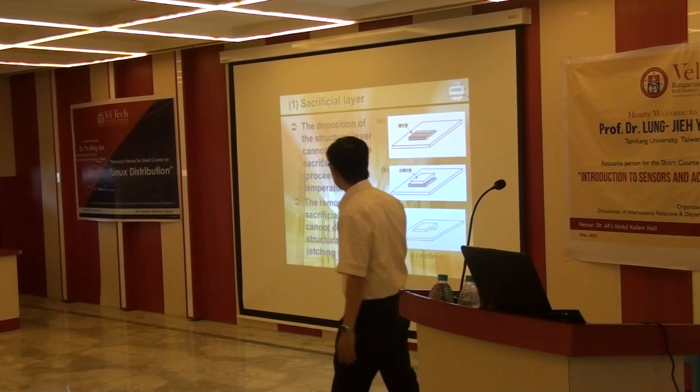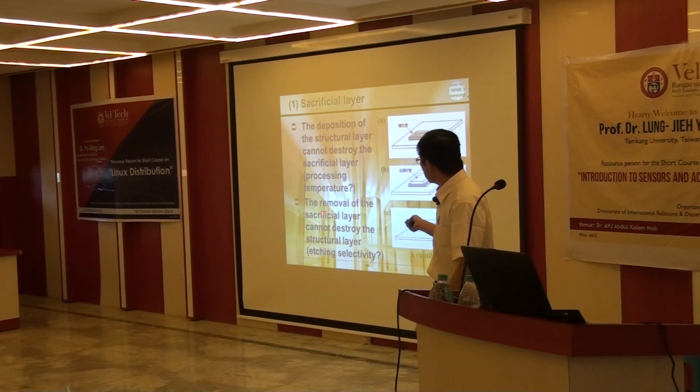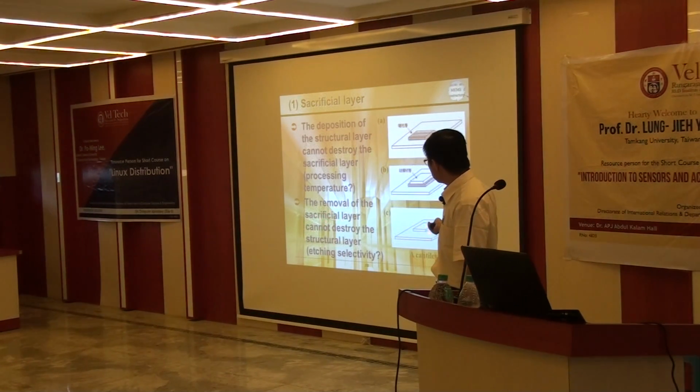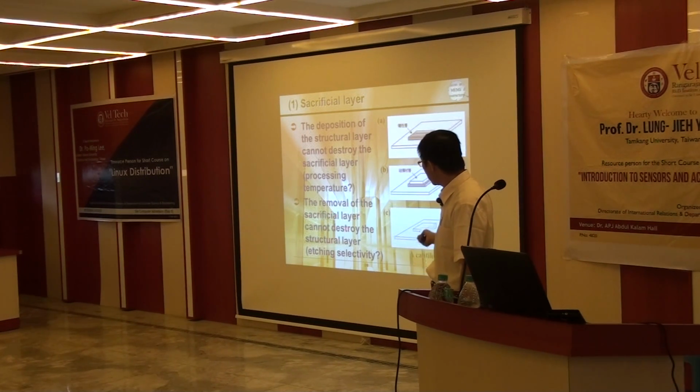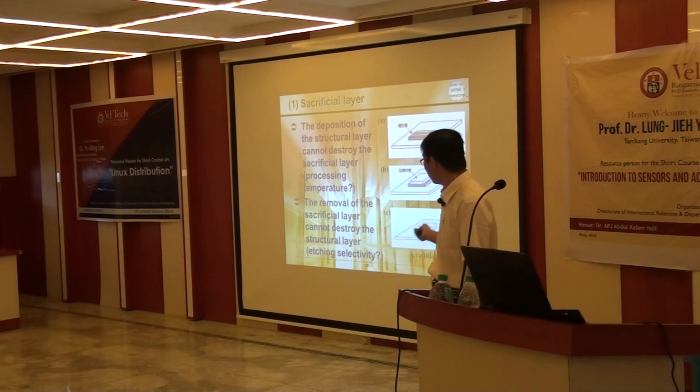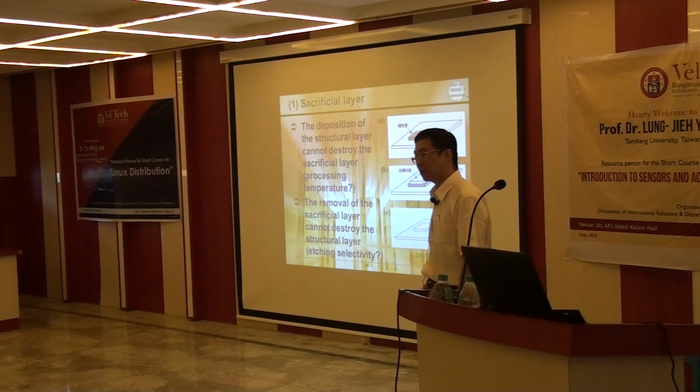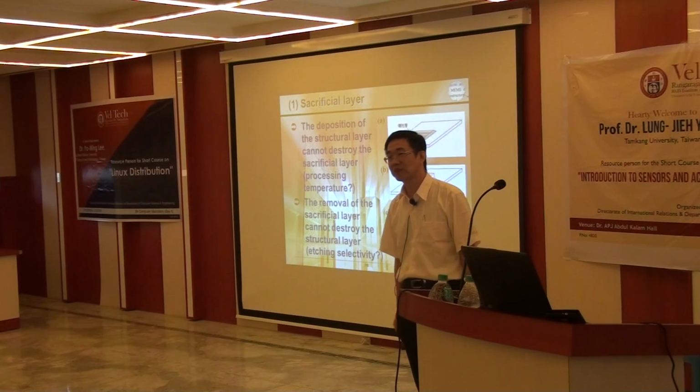Number one. Number two, when you remove the sacrificial layer, right, at step C, you remove that. You cannot destroy the structure layer. Once again, when you remove this sacrificial layer, you cannot remove the structure layer at the same time.